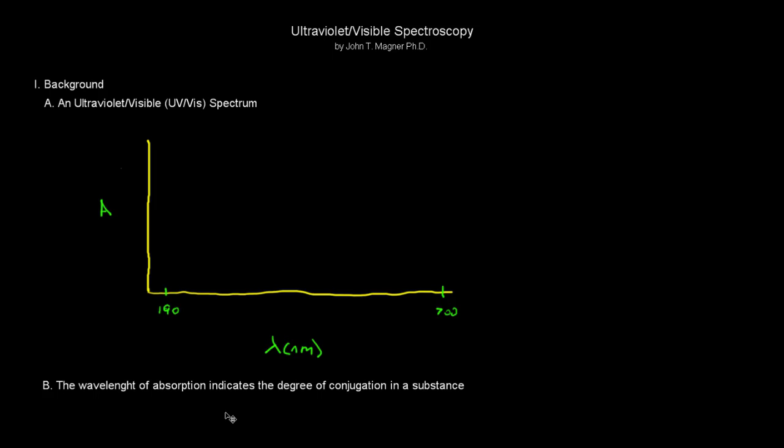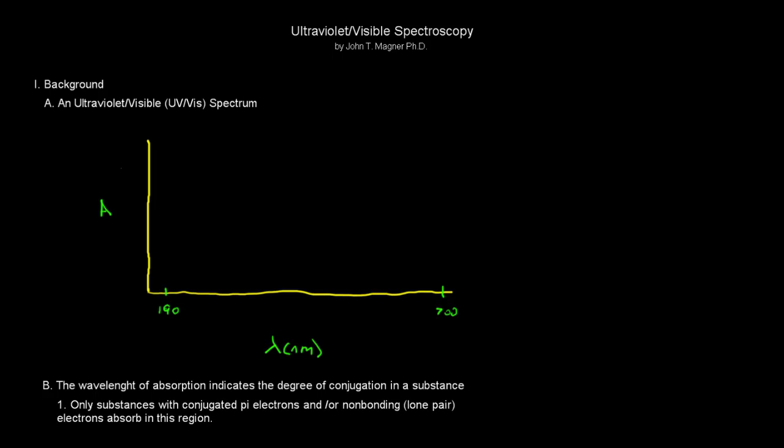By non-bonding electrons, I mean electrons in lone pairs on certain heteroatoms. Unless you have one or both of those things in a molecule, the molecule will not be UV active, which means that it will not absorb in this region of 190 to 700 nanometers.